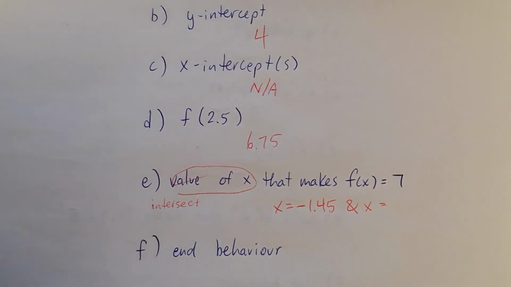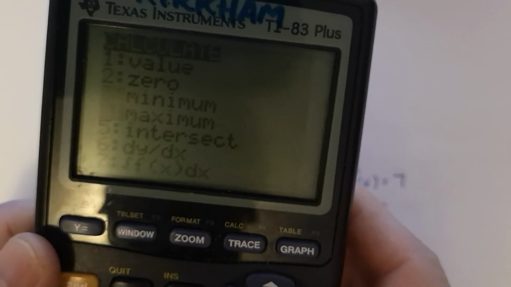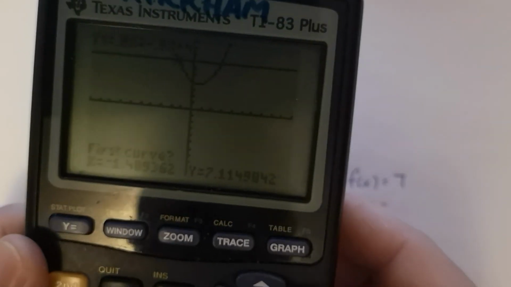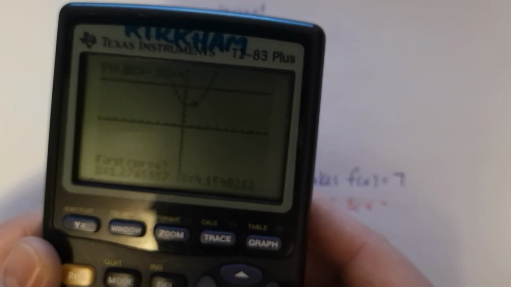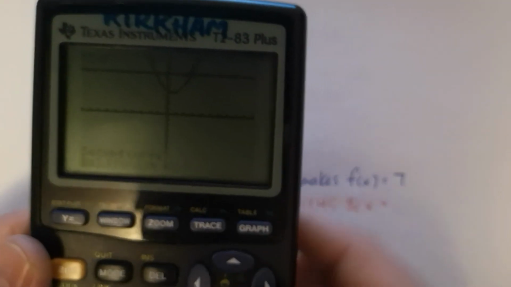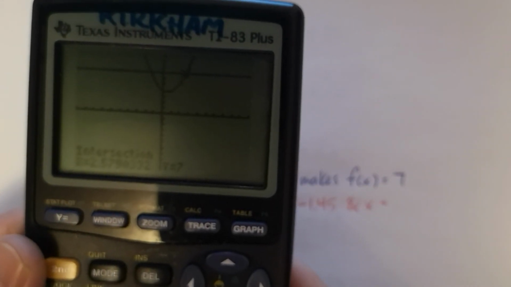But we know there's another answer, so let's find that. Same steps, second, trace, intersect, but this time just move your cursor over closer to the other intersection point. And I get 2.58.